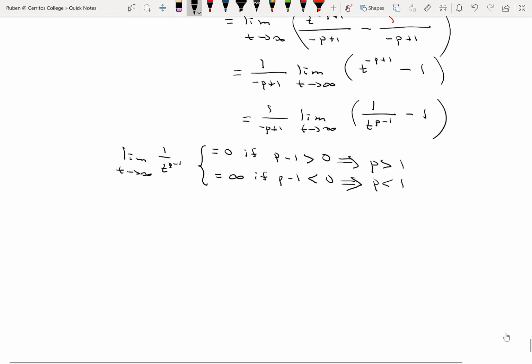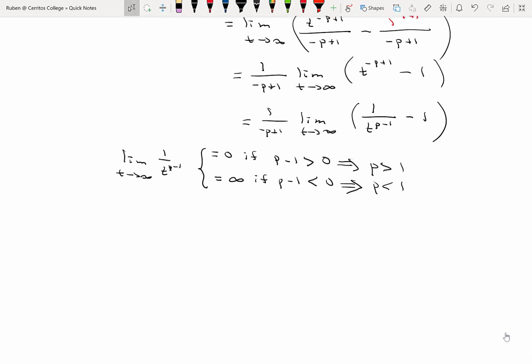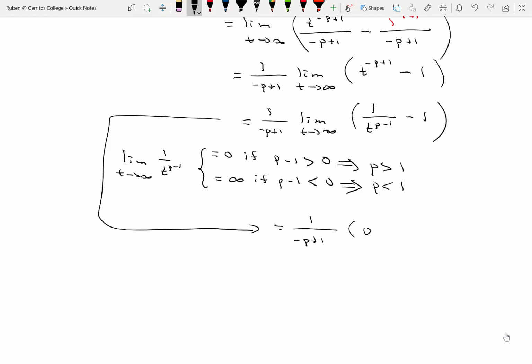So we get our conclusion here. The value of the integral will be, oops, let's redo that. The value of the integral will be 1 over negative p plus 1 times 0 minus 1 if p is greater than 1.